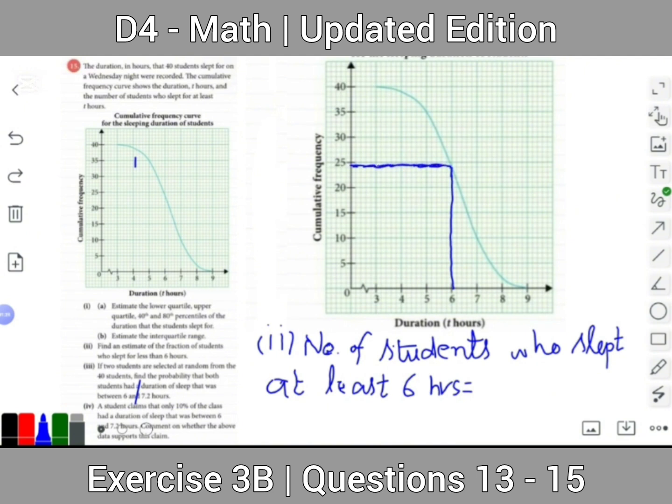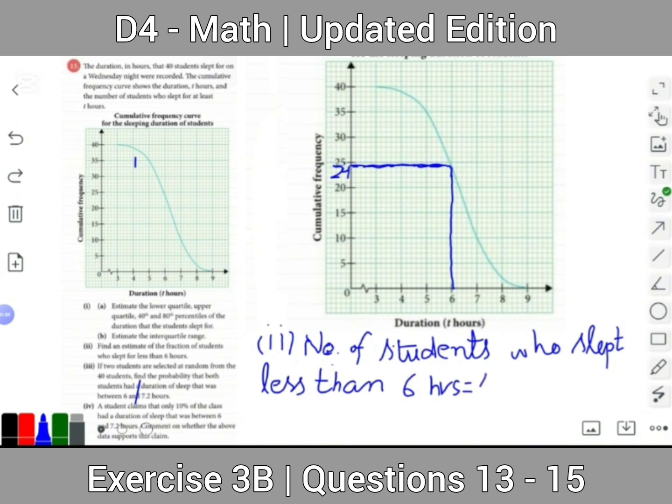So here the value is approximately 24. So the number of students who slept at least 6 hours is equal to 24. But we have to find out the number of students who slept less than 6 hours. We can find the number of these students by subtracting the number of students who slept at least 6 hours from the total number of students.